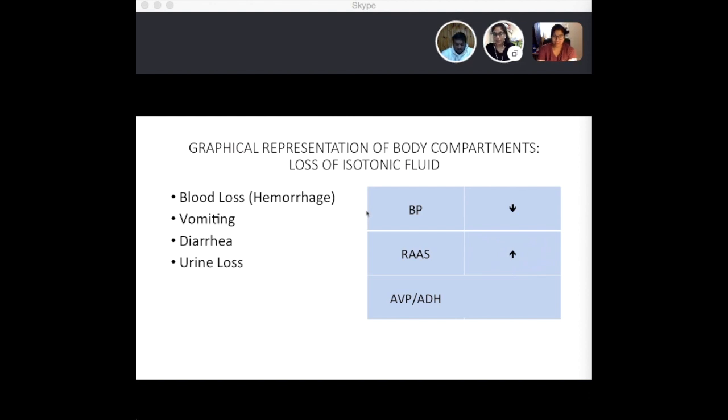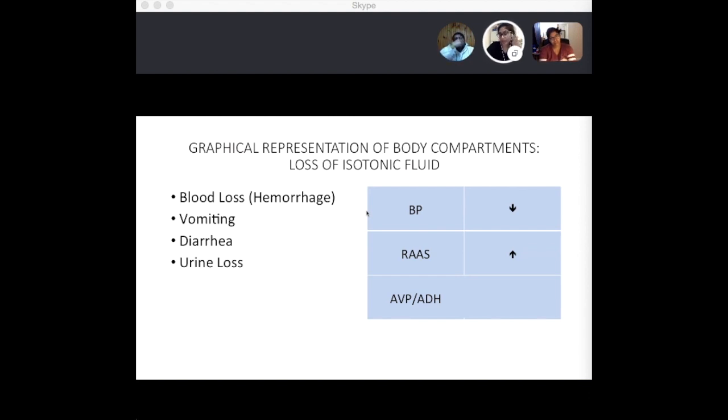It's going to be increased because we need to bring up the blood pressure. We need aldosterone to be released so that it can reabsorb the sodium, and it brings water along, and so that will increase our blood pressure. And then what would be the AVP, or antidiuretic hormone, activity?